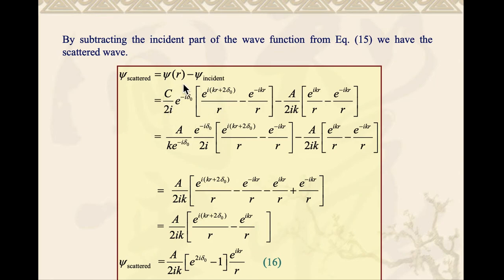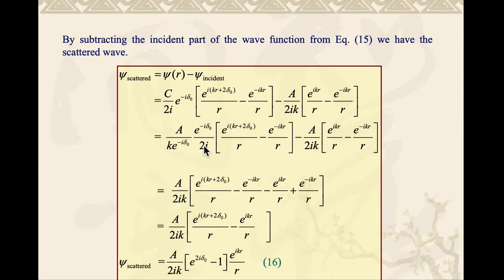You have the equation for psi(r) as C by 2i e raised to minus i delta 0 times e raised to i(kr + 2 delta 0) by r minus e raised to minus i kr by r, minus A by 2ik times e raised to i kr by r minus e raised to minus i kr by r. Now you can substitute for C as A by k e raised to minus i delta 0. Already you have e raised to i delta 0 and minus i delta 0 here, 2i is here, and these terms are here.